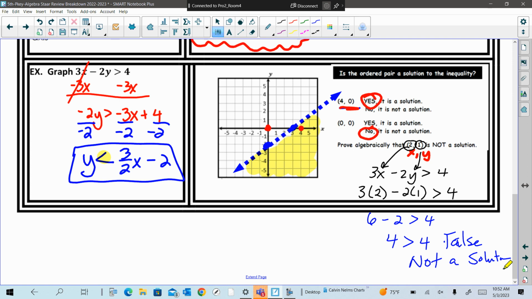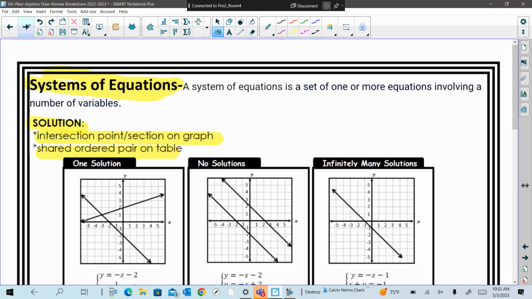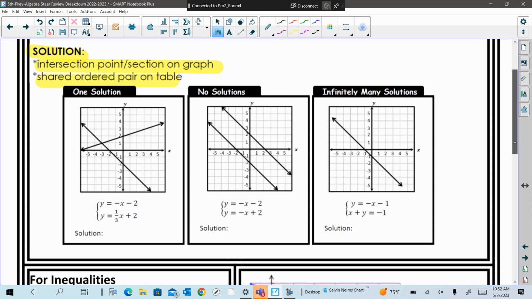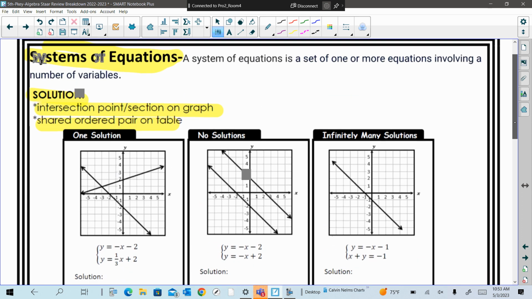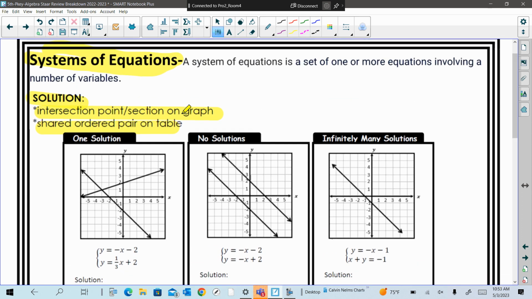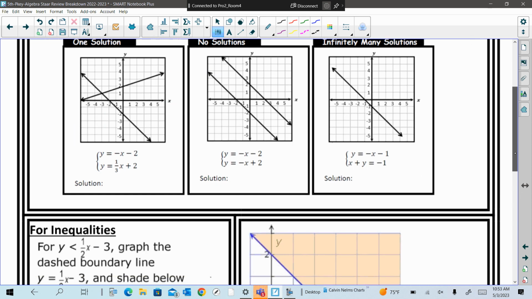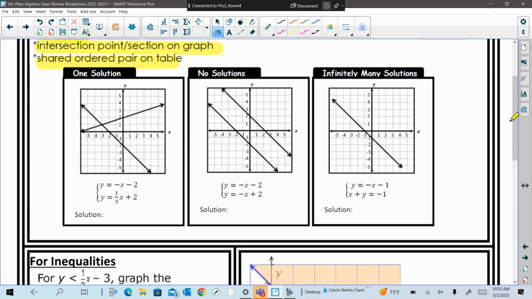Okay. All right. So graphing linear equations and linear inequalities, and then systems. Okay. So we go from one line to now two or more lines. So understand your solution to a system. Right here it says intersection point on the graph. So on this first one, you see the graph of the 2 lines.